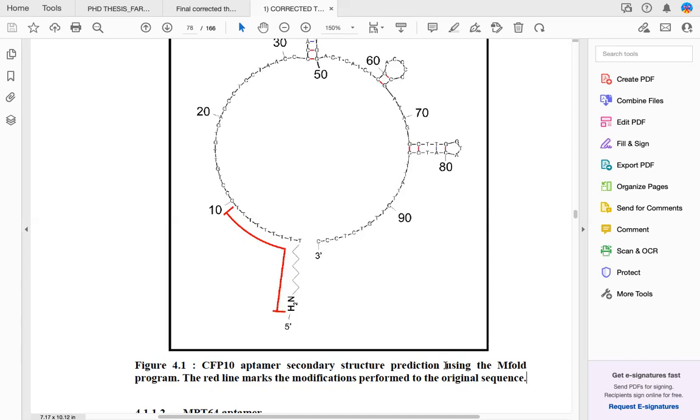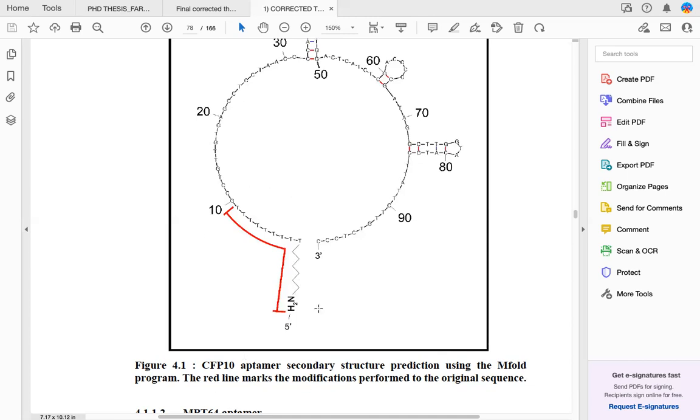And the new prediction is using M-fold. By rights, what M-fold is should already be explained in chapter 3, because you cannot expect the reader or the examiner to search for what M-fold is.